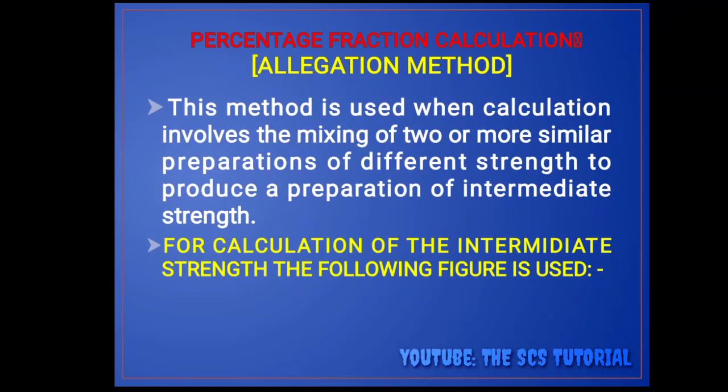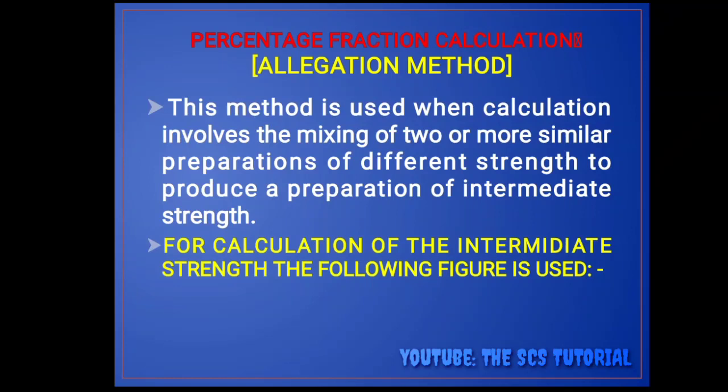Now coming to the alligation method, and this method is used when calculation involves mixing of two or more similar preparations of different strength to produce a preparation of intermediate strength.